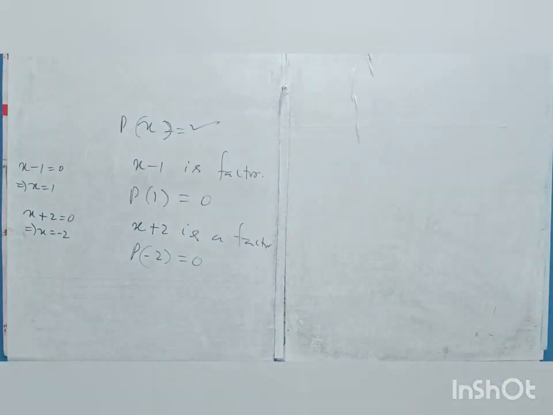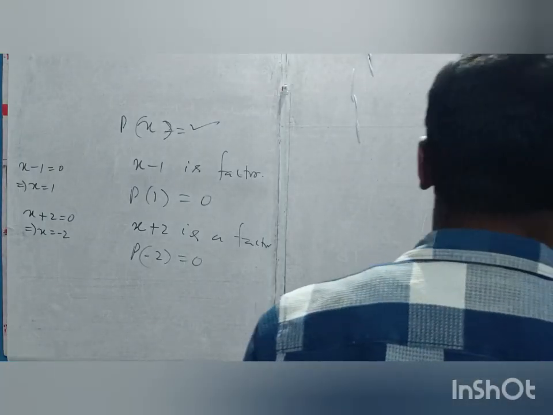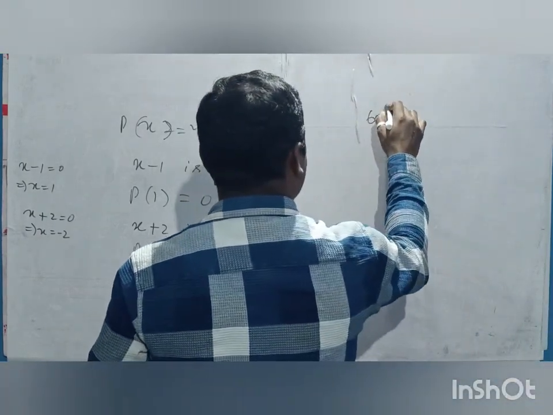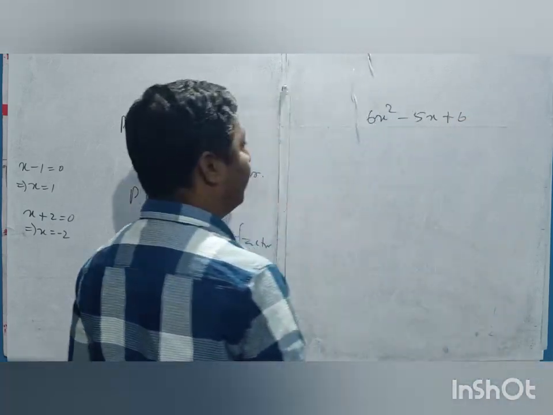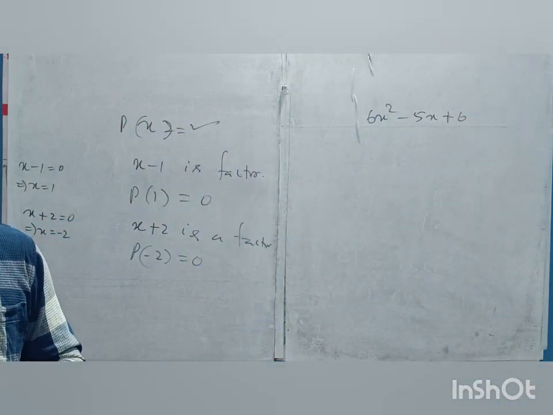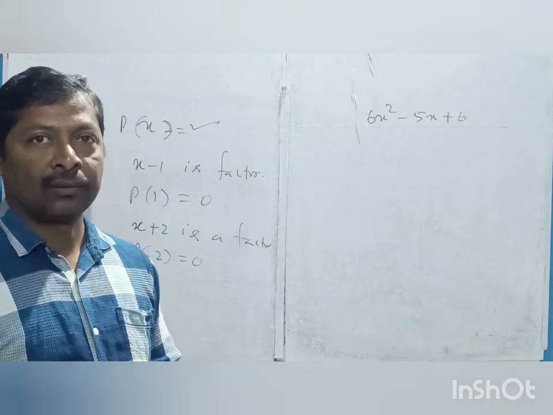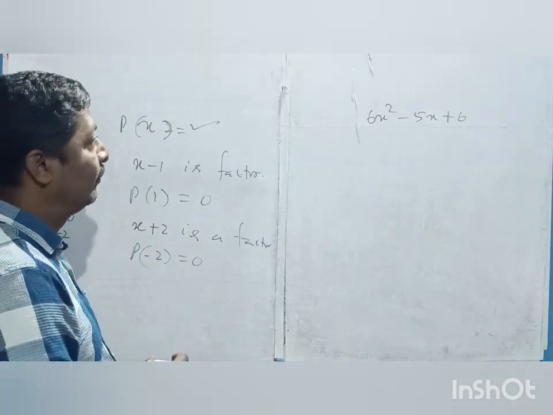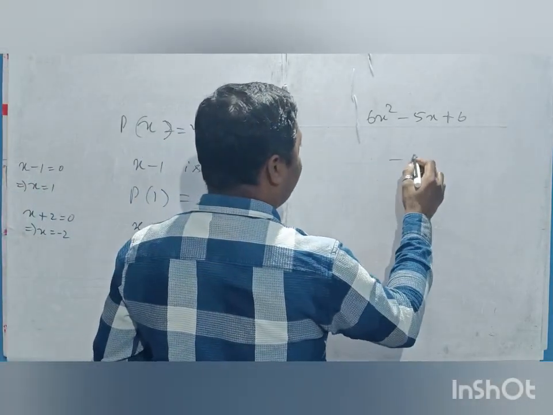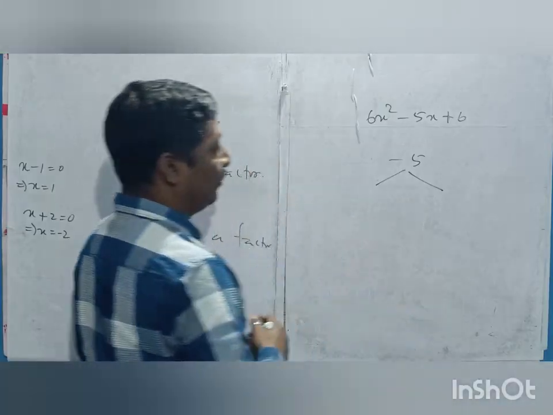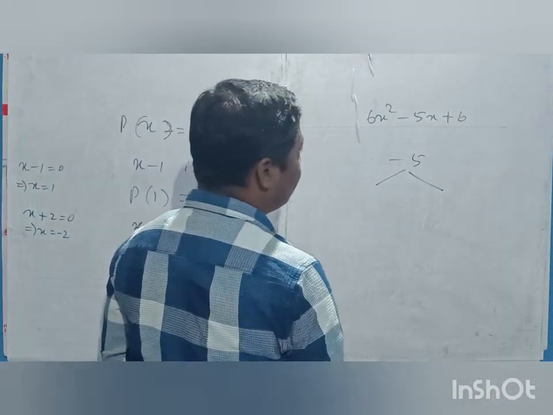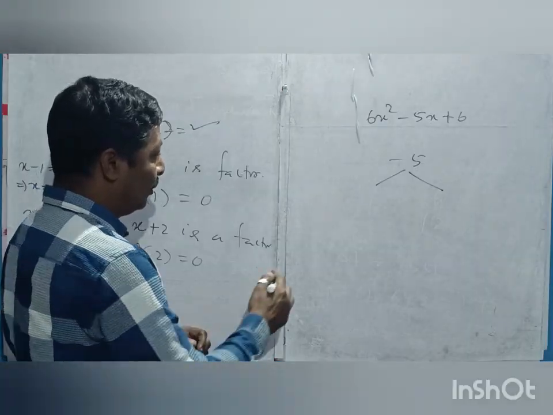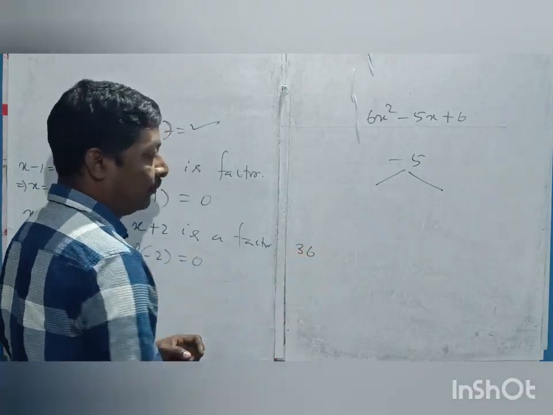So let's factorize first: 6x square minus 5x plus 6. Factorization, prime factorization. How to proceed? Split minus 5 in such a way that the sum will be minus 5 and the product will be 36.